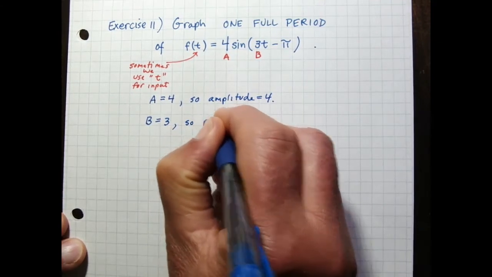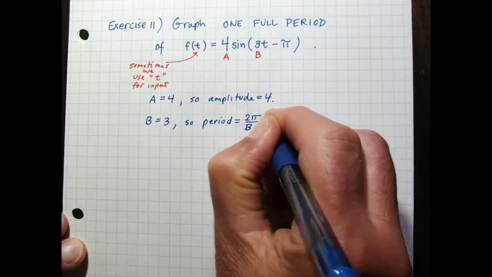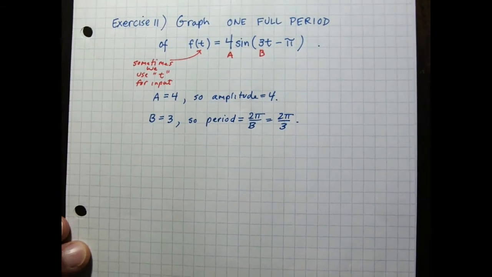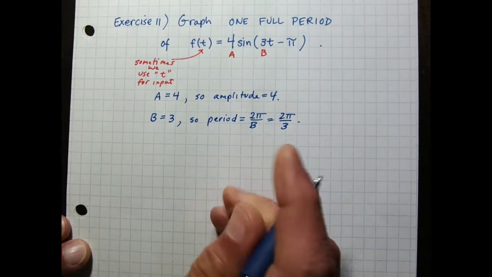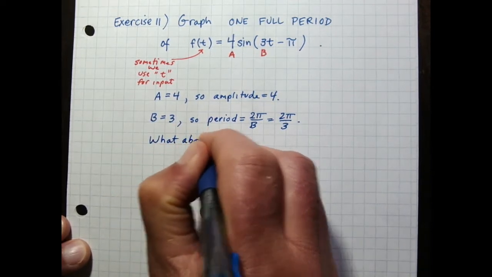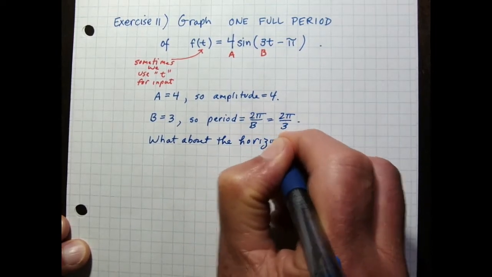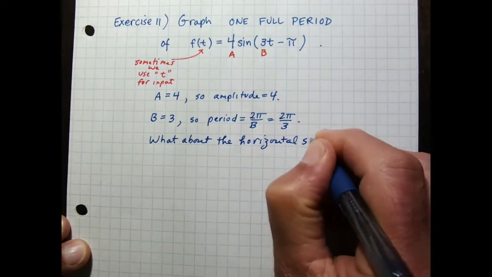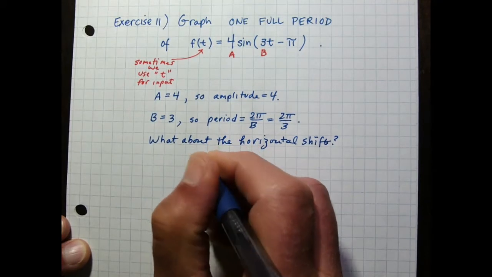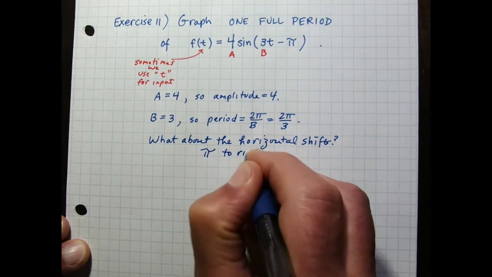So the period, which is equal to 2 pi over b, is going to be 2 pi over 3. So that all matches up with things we've already discussed. And what about the horizontal shift, which is one of those transformations we've just started talking about? You might look at that and want to say the horizontal shift is pi to the right.